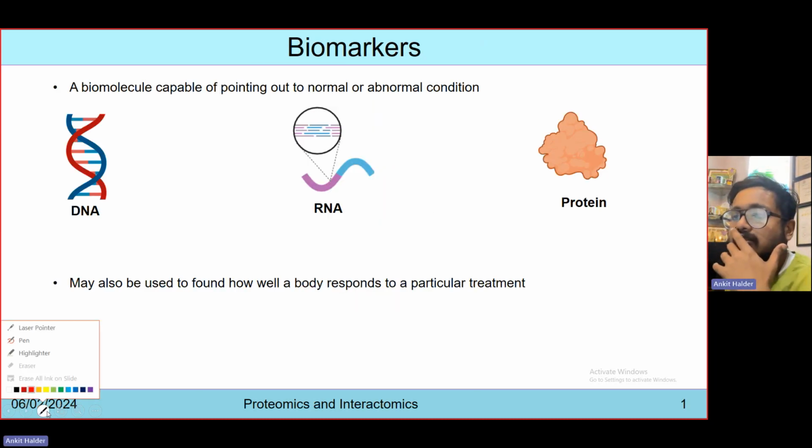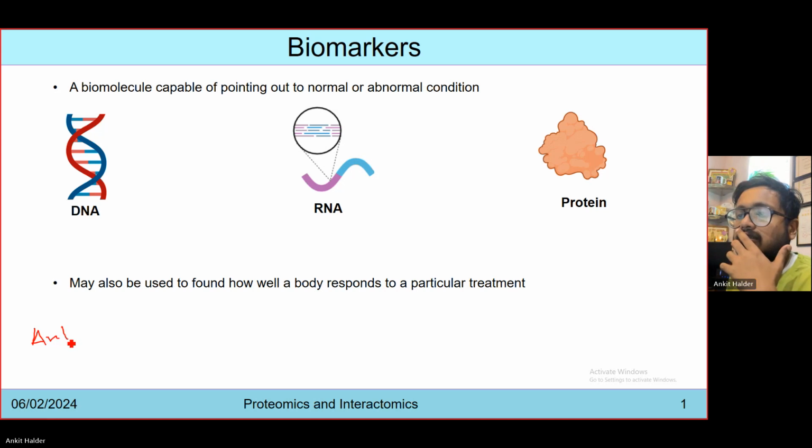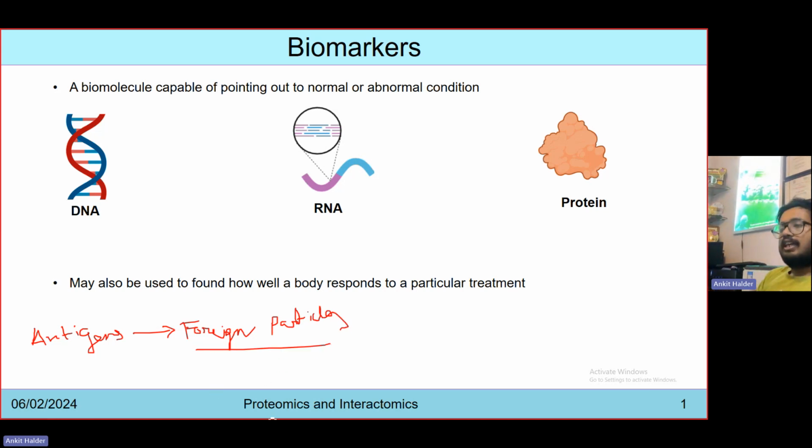Antigens are something which are known as foreign particles. To protect against these foreign particles, naturally in our immune system, antibodies are generated or developed in our body.